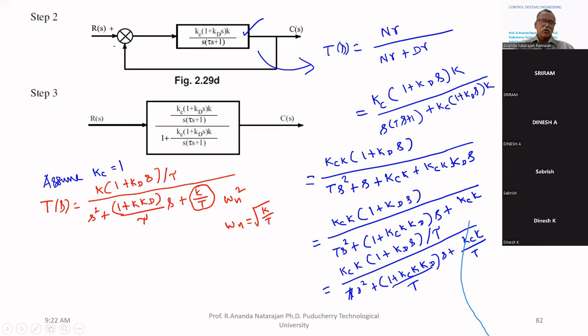So derivative controller will not change the natural frequency, but it will change zeta.